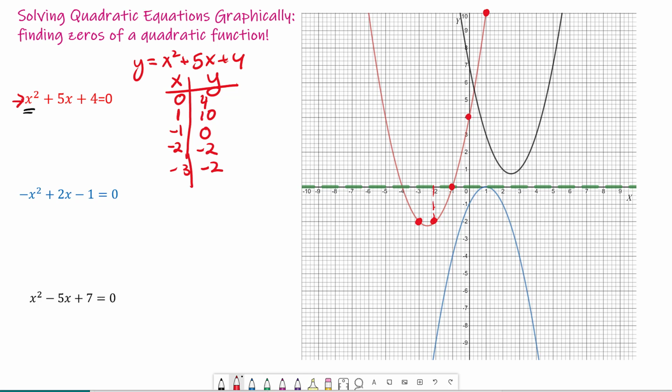And finally, let's do -5. -5 squared is 25. 5 times -5 is -25. So we have 25 minus 25 is just 0. And so our y is 4 at -5, which is right here, we go up there.